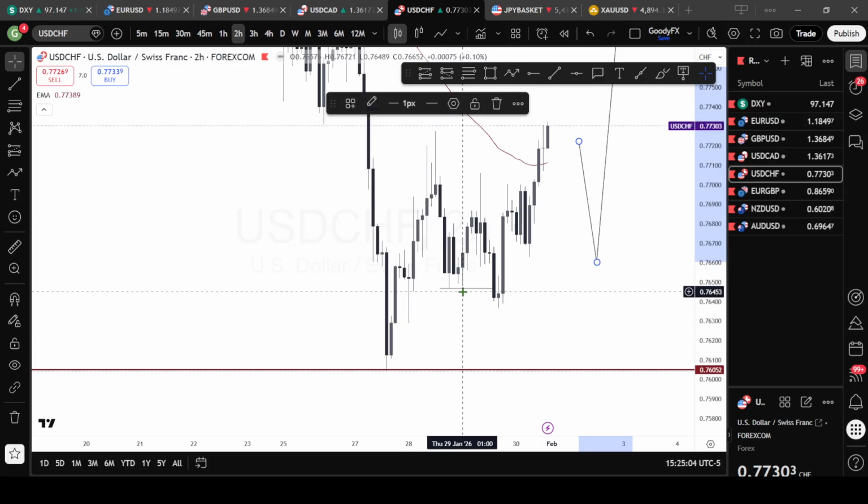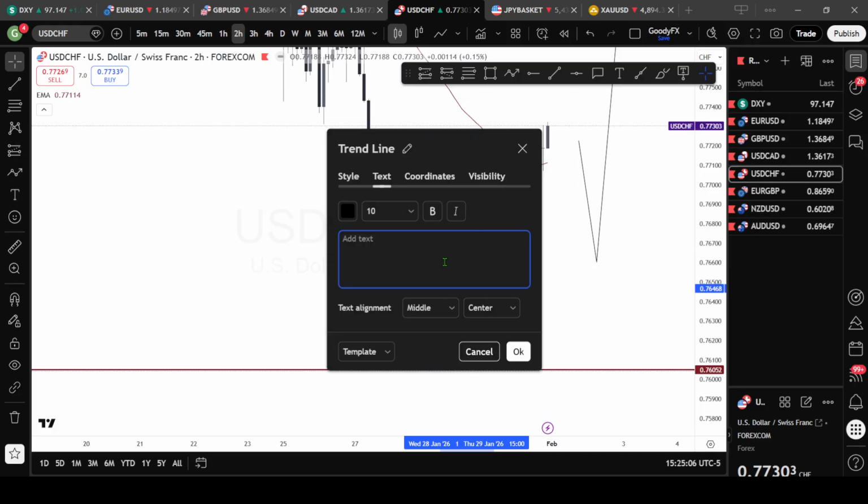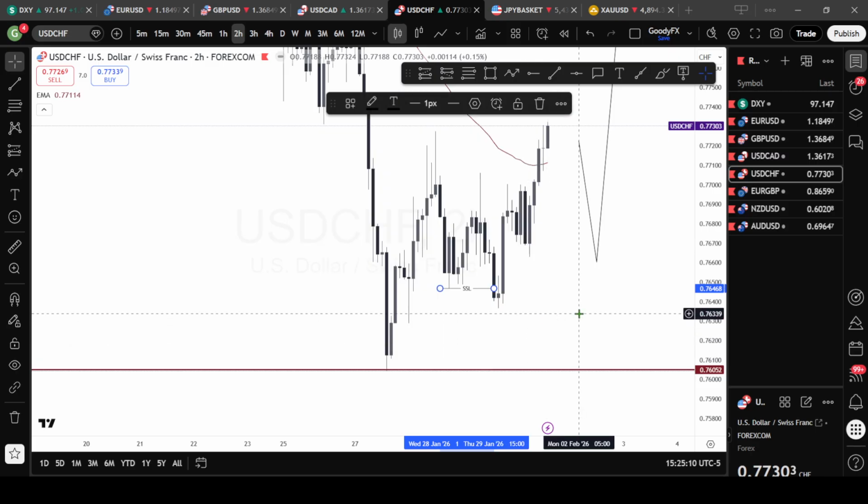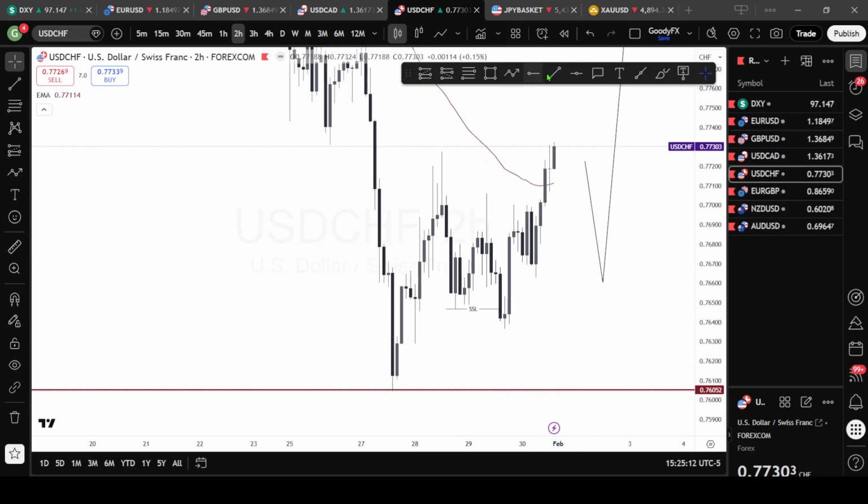So yeah, what did price do here? Price took out sell side liquidity here. Price created an induced break of structure here.